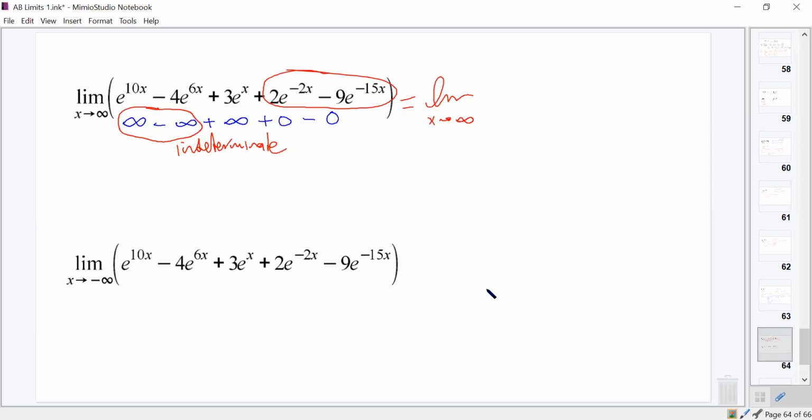So could you just rewrite it as, like, let's say you take e to the 10x and rewrite it as 1 over e to the negative 10x? Well, if I were to do that and I plug in infinity, what do I still get? I still get an infinity, don't I?